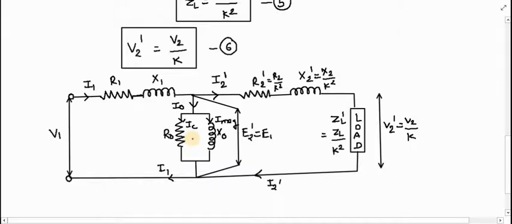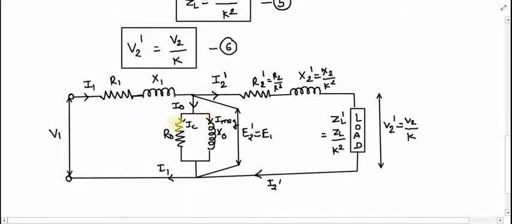Students, transformer calculation can be simplified by moving this shunt circuit, which consists of R0 and X0, from the middle to the input terminals of the circuit. Means before R1 and X1, I will shift this shunt circuit.